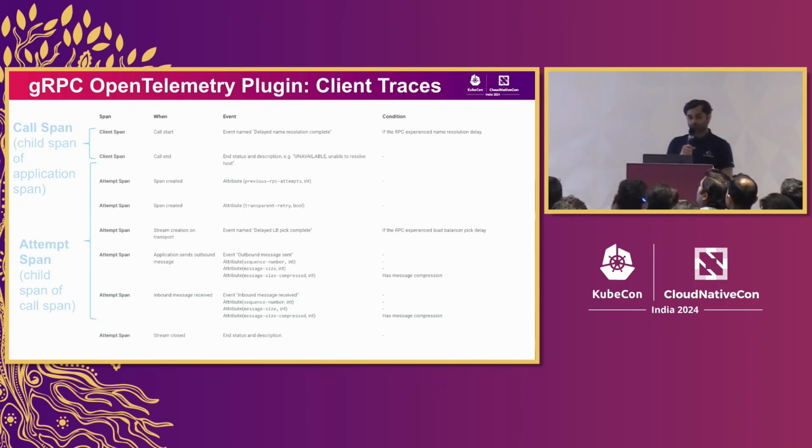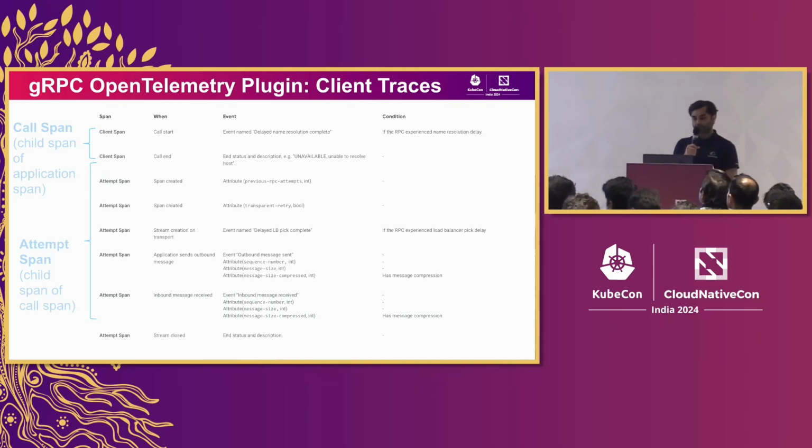One is the call span that represents the overall gRPC call end to end, and there are attempt spans which detail individual retry attempts in case you have intermittent failures and gRPC is retrying to connect for you. These spans capture rich information about the gRPC interaction, including timing, status, and metadata.